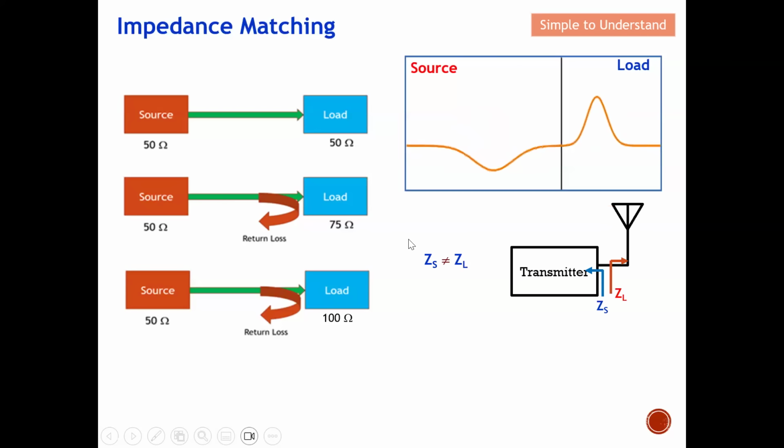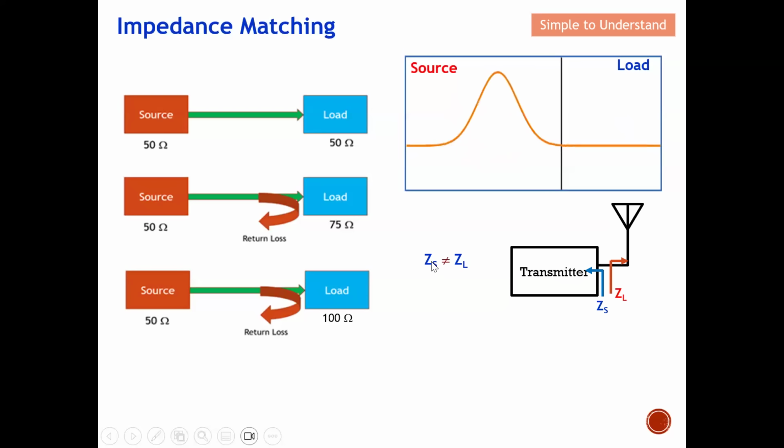Let me explain with this diagram. This will be the source, this will be the load. When I look into ZS, the source, and also ZL, if let's say there is some mismatch, then you can imagine that we actually want all the power sent from the transmitter to go all the way to the antenna and radiate out.